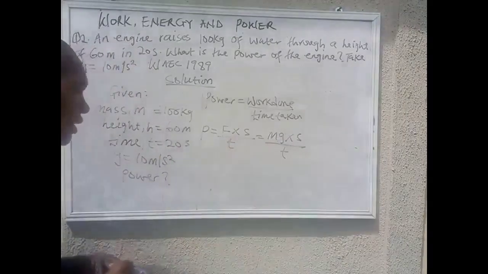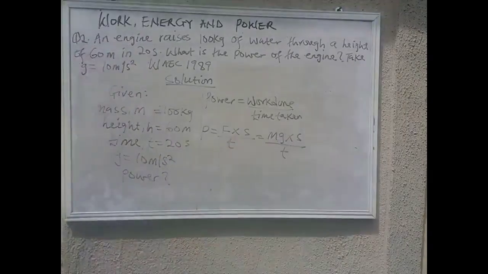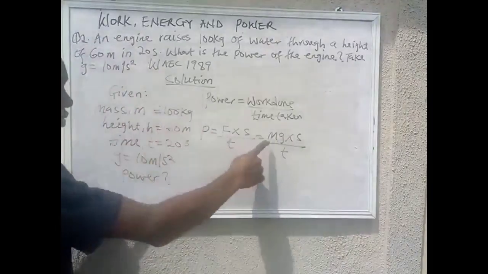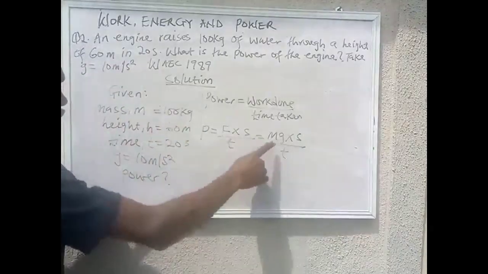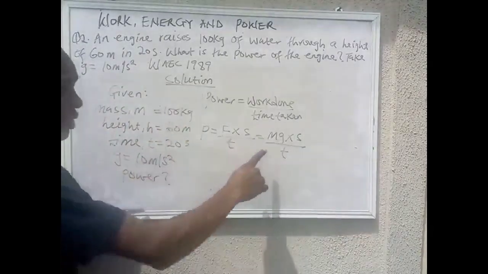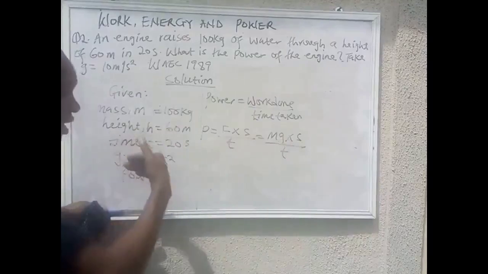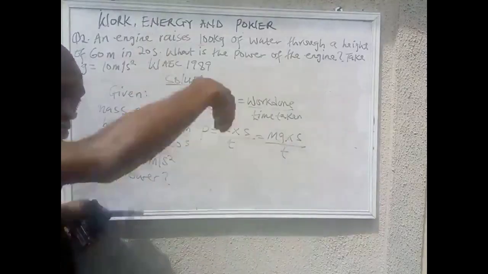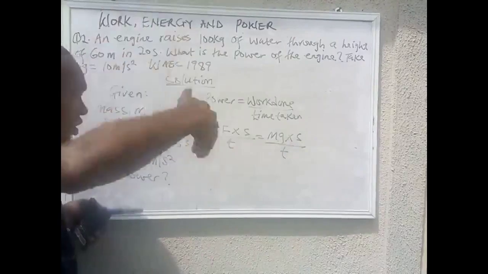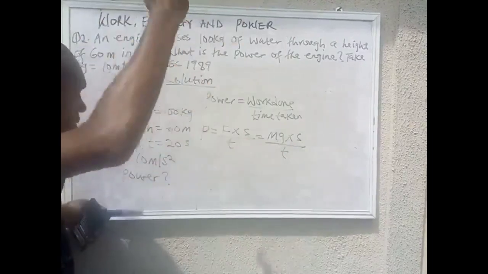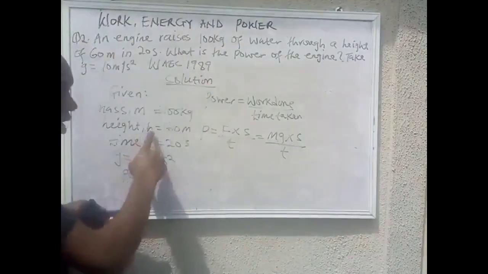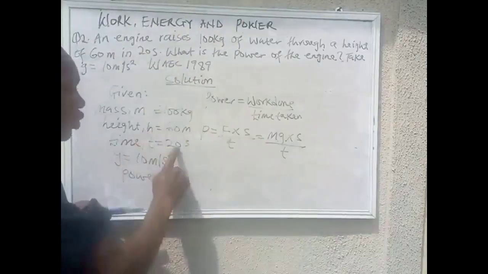Now, if you observe here, we have mass m, and we have g. S here is going to be taken as our height, that's our distance covered, since it's based on gravity. It's a height, so we take it as our distance, and then time is 20 seconds.